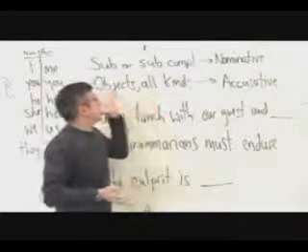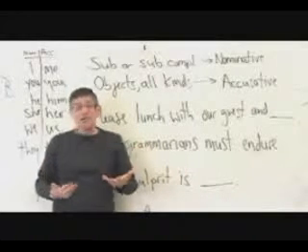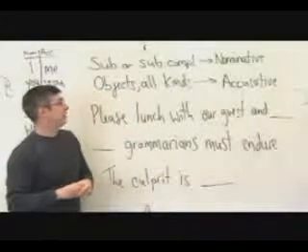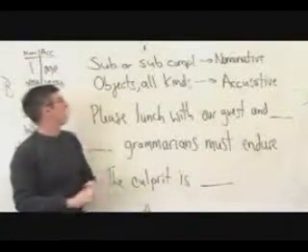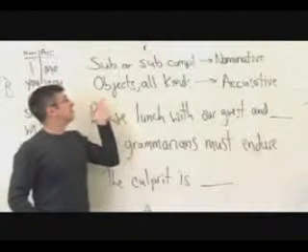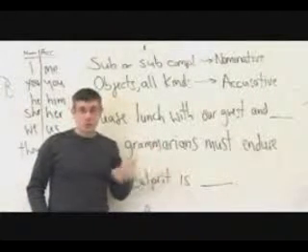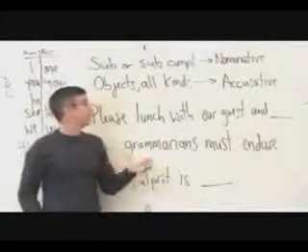Now, this is really, right here, everything, in a way, you need to know about the case of pronouns. If the pronoun is going to function as a subject or a subjective complement, use the nominative case.